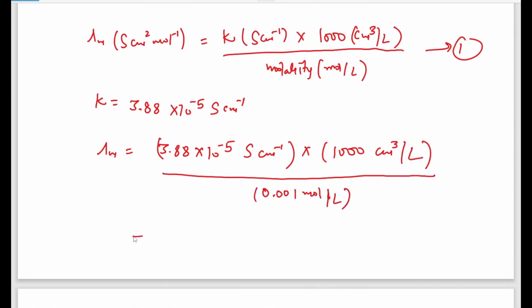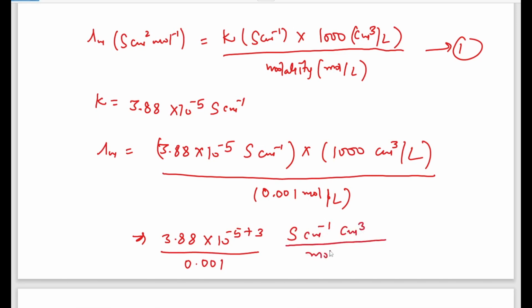Now we will solve it. 3.88 × 10^-5 × 10^3 over 0.001, and in the overall units, the liter cancels out.